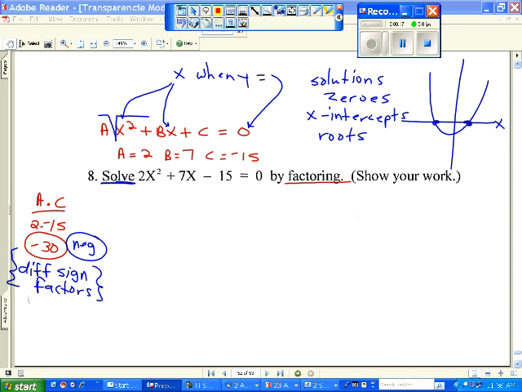Okay, so step 1 said find AC, which we've done, and then we analyzed all the sign stuff up to there. Step 2 says what? Find all the factors of AC. So we want all the factors of negative 30, only we're really just going to look at positive 30, right?